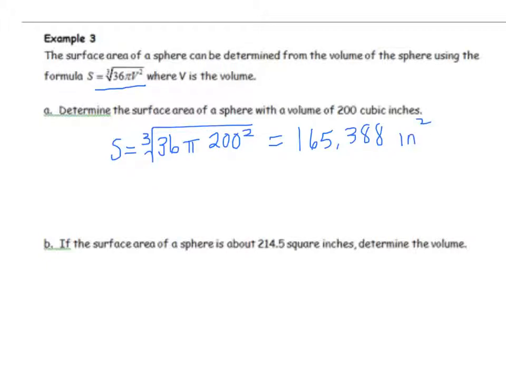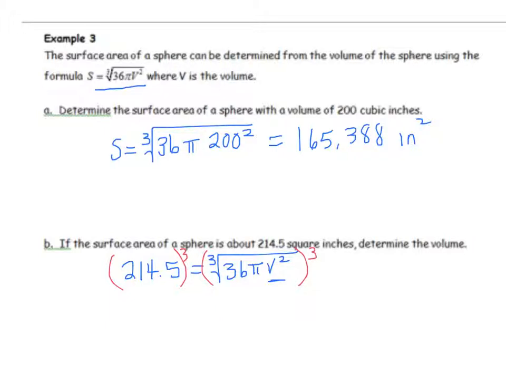Okay? And on this one it says if the surface area is about 214.5 square inches, determine the volume. All right, so I have 36 pi V squared. What I want to do is undo it so that I can get down to the volume. To undo this, the first thing I'm going to undo is the cube root. So instead of cube root, I'm going to cube both sides.